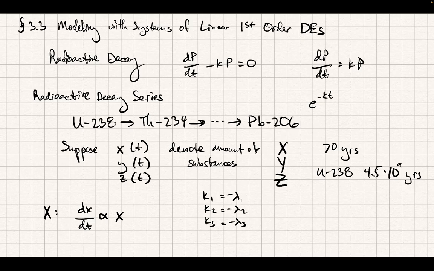So instead of proportionality, I'm going to say it's equal to, and then the reason I'm going to write this down, you're going to see if you can tell me why I prefer to write this with a minus sign. What are these minus signs doing for me? It's just showing the direction.